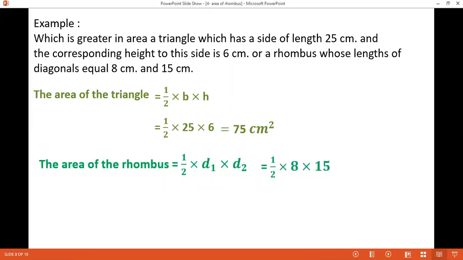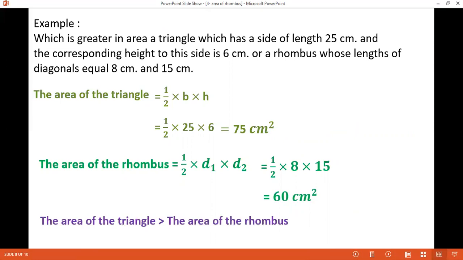And then the area of the rhombus, half by D1 by D2. The first diagonal is 8 and the second diagonal is 15. So the answer will be 60 square centimeters. So which area is bigger? The area of the triangle is bigger than the area of the rhombus.